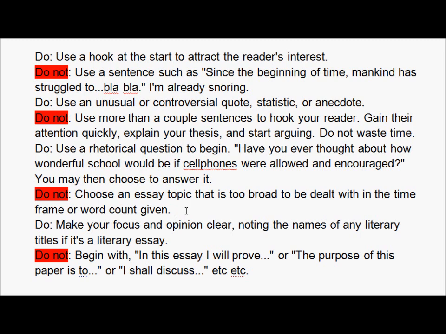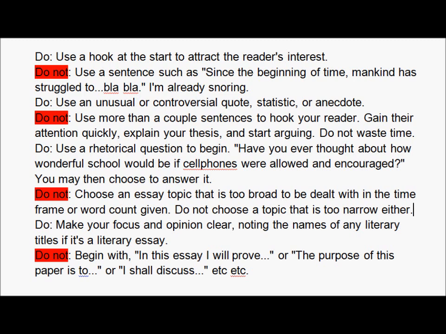So choose something that is not too broad. As well, don't choose anything that is too, excuse me, that is too narrow either. You need to have enough to talk about in your essay, regardless of what the word count is. You need to pick something that fits.